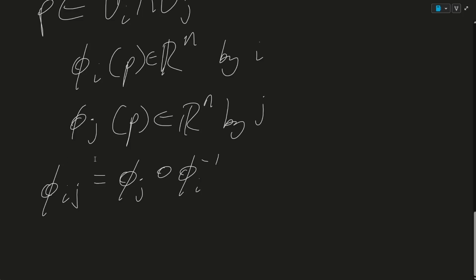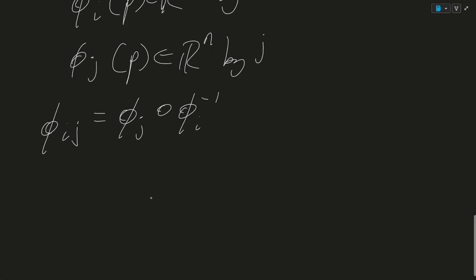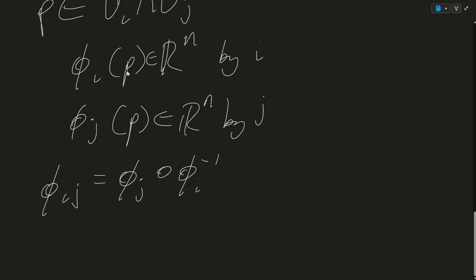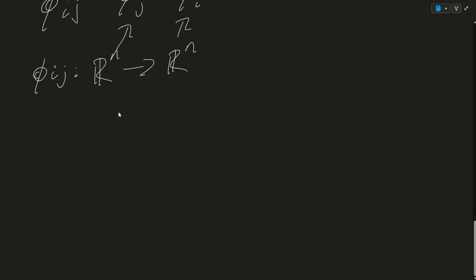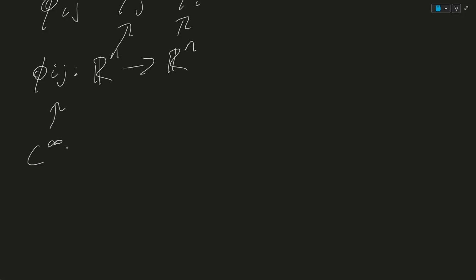Something that is fairly useful here is that phi i's coordinates are all in Rn, and this is in Rn. So all that phi ij is doing is mapping Rn to Rn. This is just standard multivariable calculus. So now we know what it means for this to be infinitely differentiable, because this is C infinity.